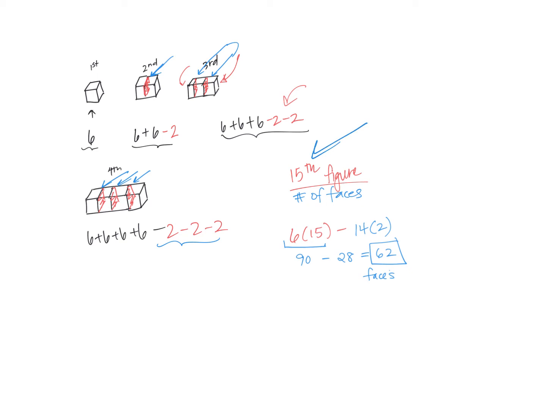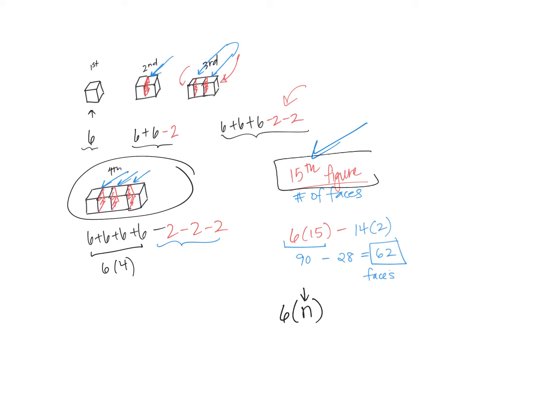Really it's saying, if every cube has 6 faces, I would take 6 times the number of cubes. For example, the 4th picture, we did 6 times 4, and with the 15th figure, I did 6 times 15, so for the nth picture I would do 6 times n, where n is the number of figures we're talking about.